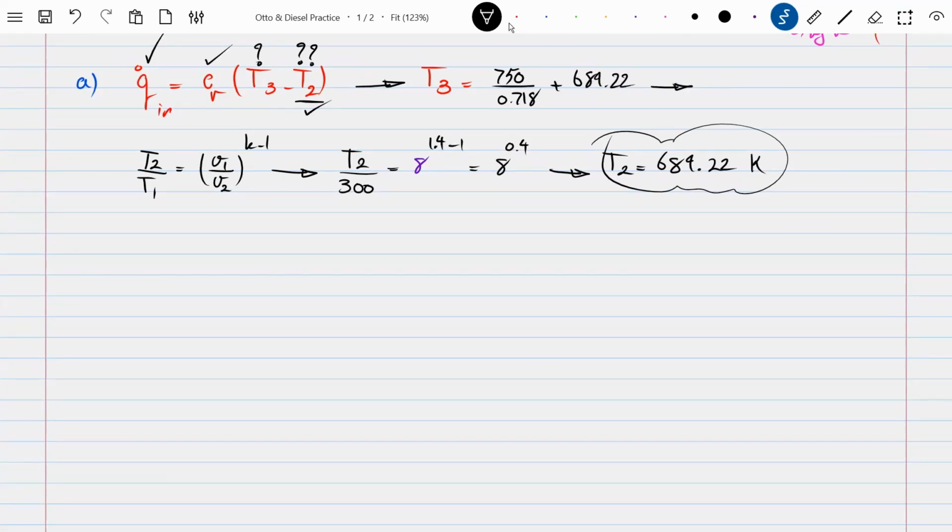Plug everything in your calculator and you get that T3 is 1733.79 Kelvin. So T3 is done. Next, we are tasked to find P3, I believe, right?